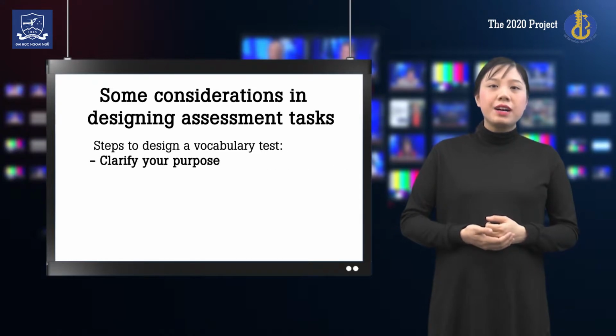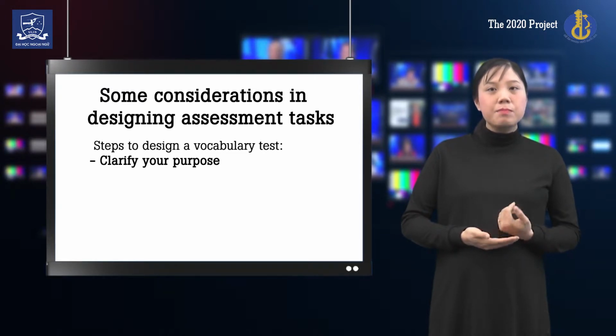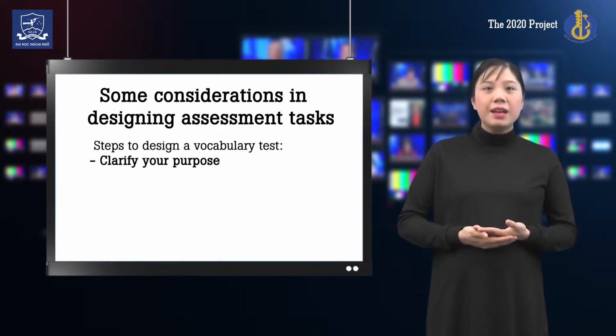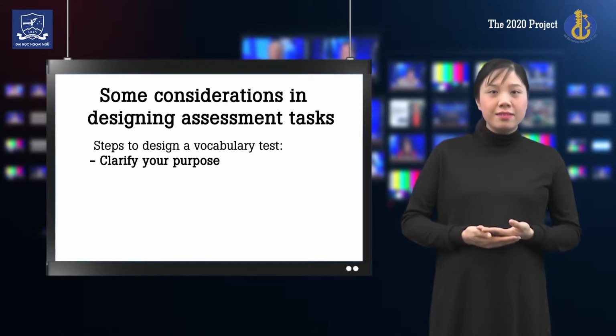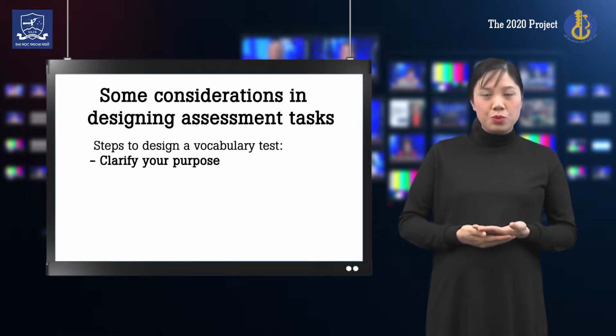1. Clarify your purpose. You are already aware that the first order of business in designing tests is to clarify the purpose of the test so that we can evaluate the result in relation to the intended use of the test. For example, a test of vocabulary can be used to assess how many high-frequency words a learner already knows before he or she begins a course of study.